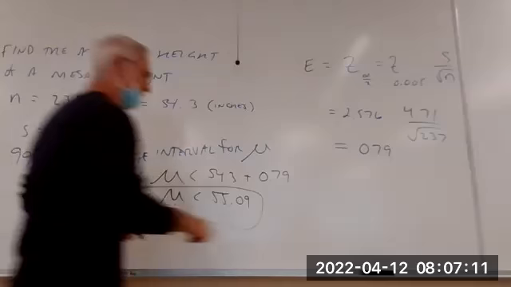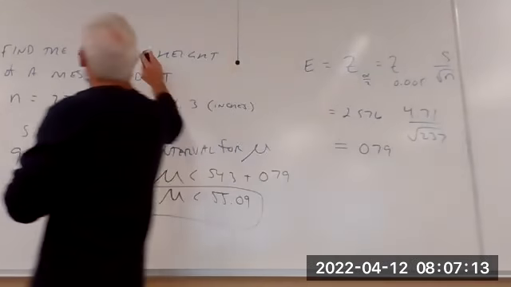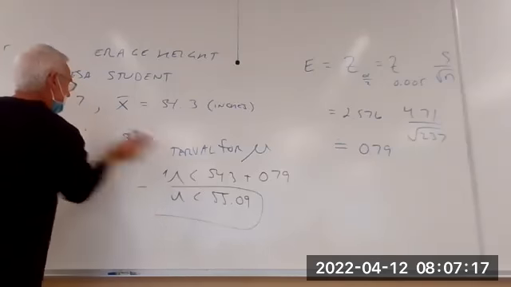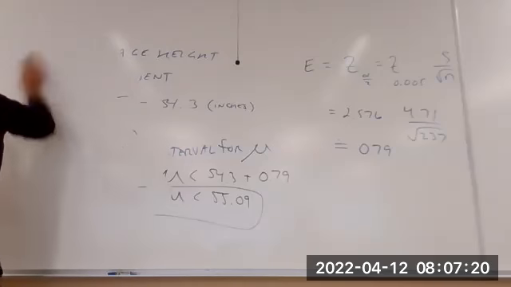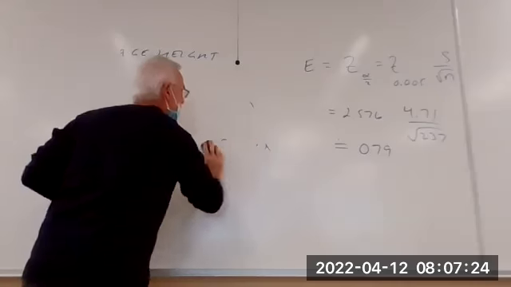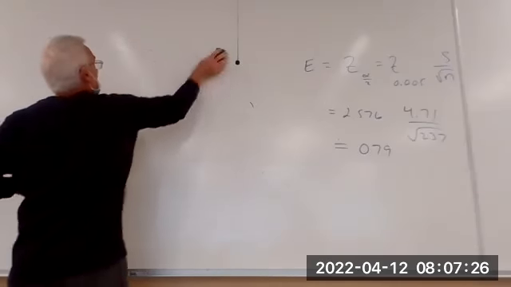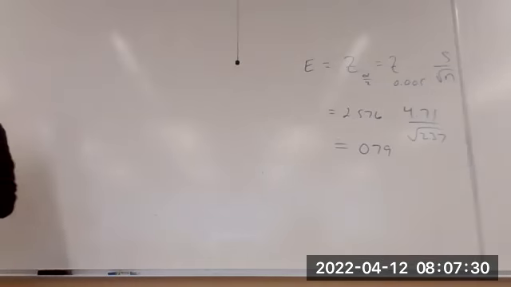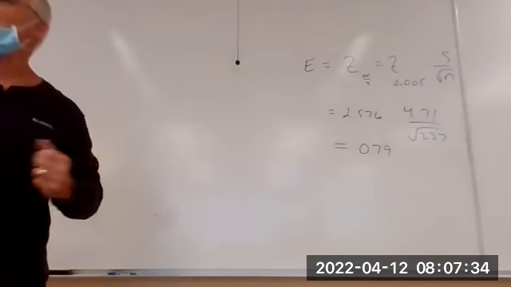Okay, let's do another. All right, so let's suppose, for Mesa College students, let's stick with Mesa College students because we have a really large population. I've heard that Mesa College students just make fantastic basketball players.